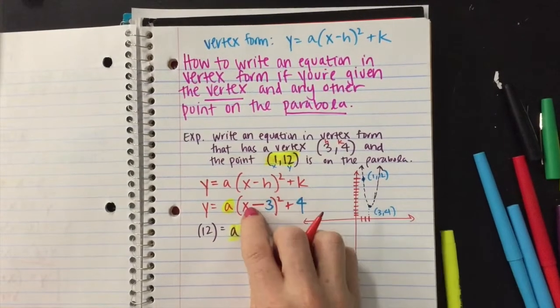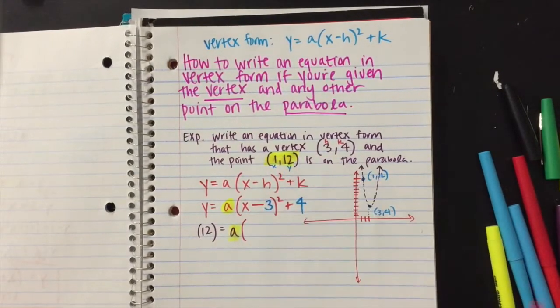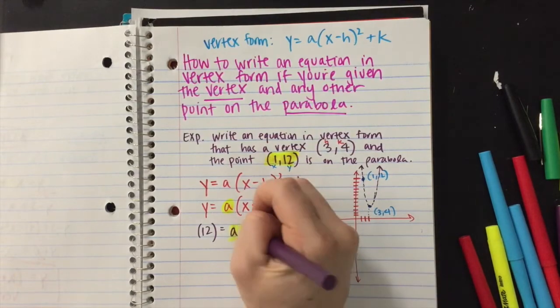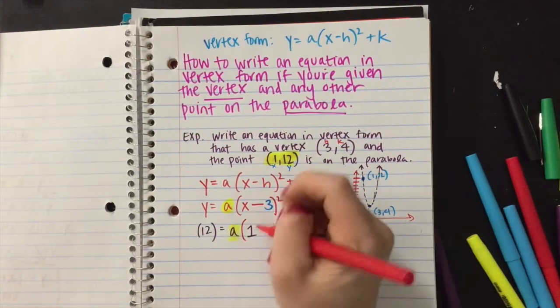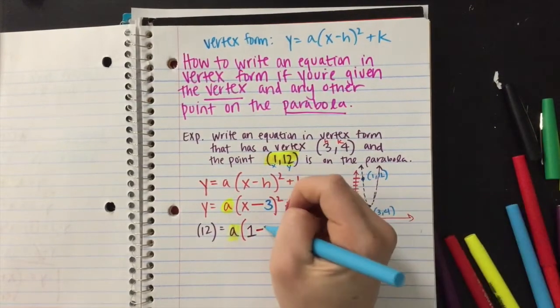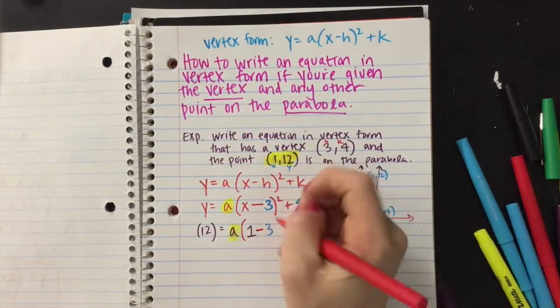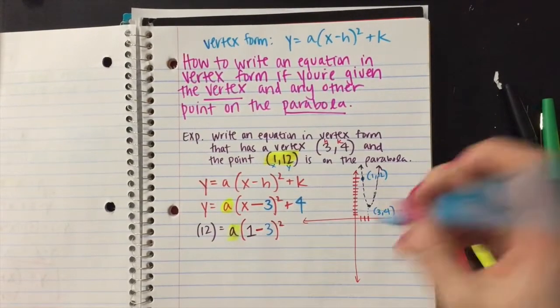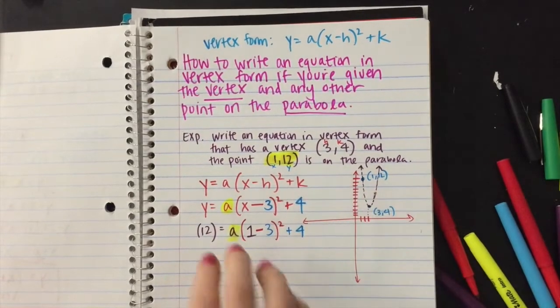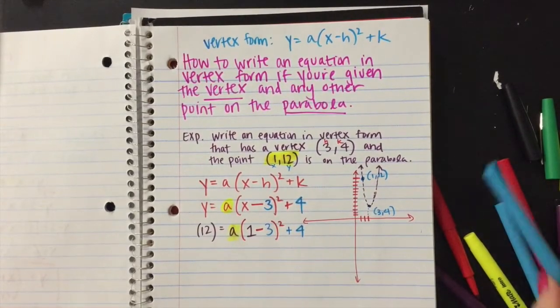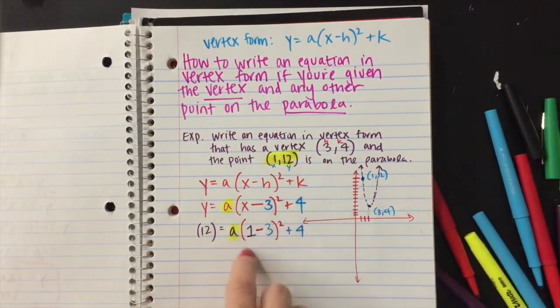But I know that x is equal to 1. And I'm still going to do minus 3 squared plus 4.